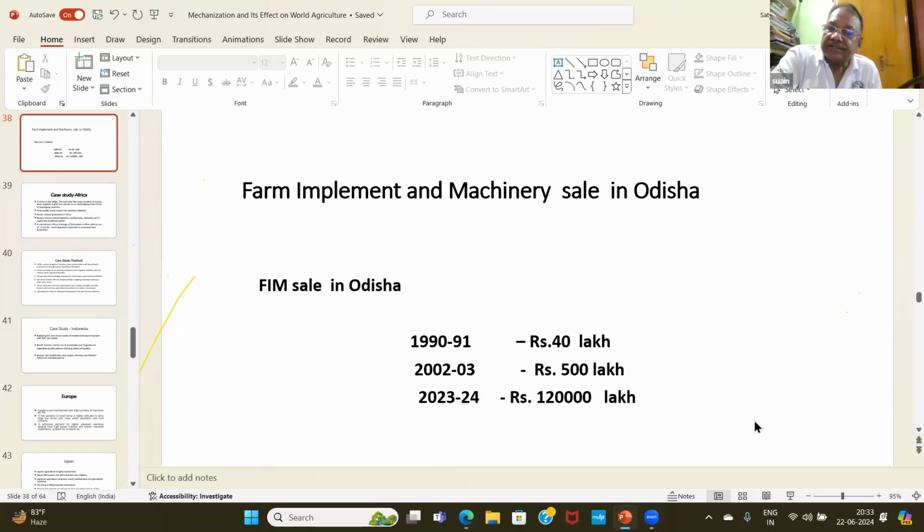Similarly, a jute extracting machine, Sangram Swain was dealing with that. I cannot exactly remember the name, but it was a jute extracting machine.